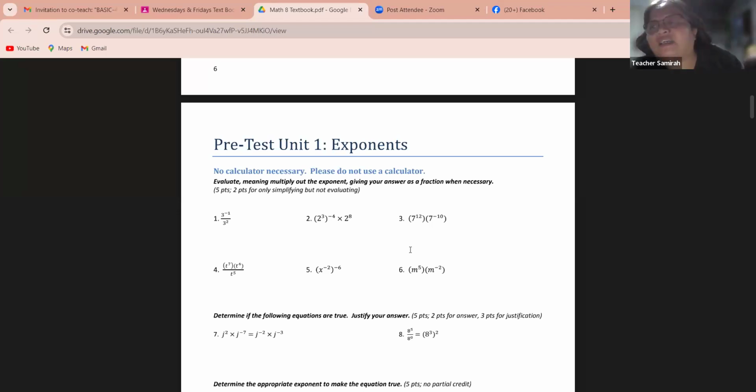What will be your answer? A. Is it A? Why does it become A? M with exponent of 7. Why did we arrive at M with the exponent of 7?